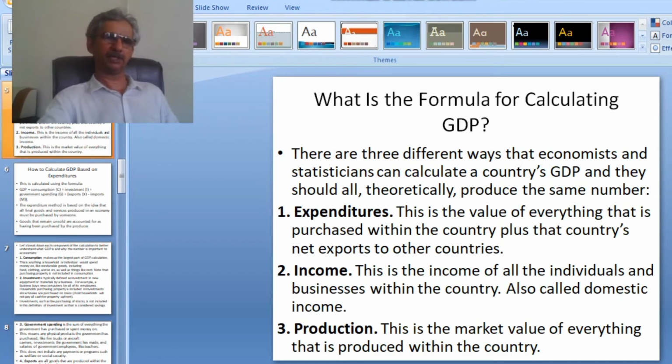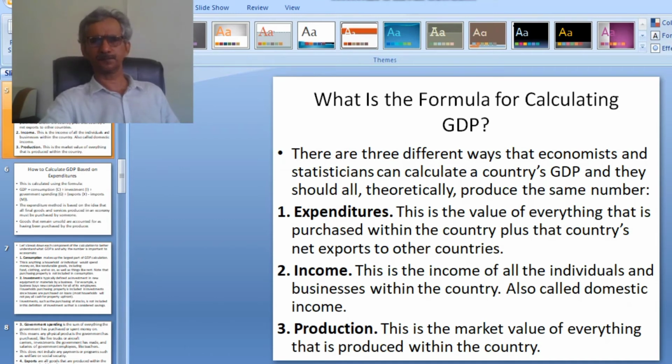How do we measure the GDP, or what is the formula used to measure the GDP? There are 3 major methods to measure the national income of a country, and they are different.